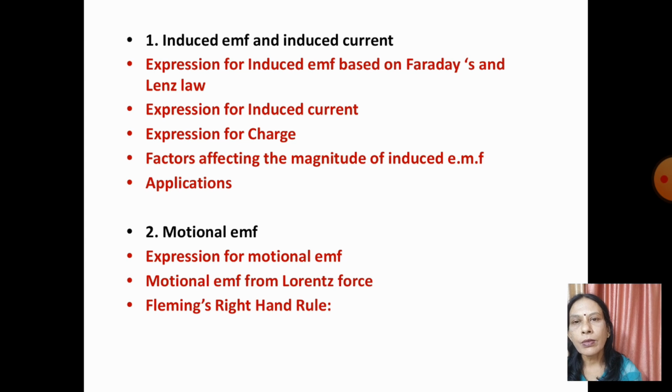In induced EMF and induced current, we will talk about the expression for induced EMF based on Faraday's and Lenz's law, expression for induced current, expression for charge, factors affecting the magnitude of induced EMF, and applications. In motional EMF, we will study the expression of motional EMF from Lorentz force, and Fleming's right hand rule.